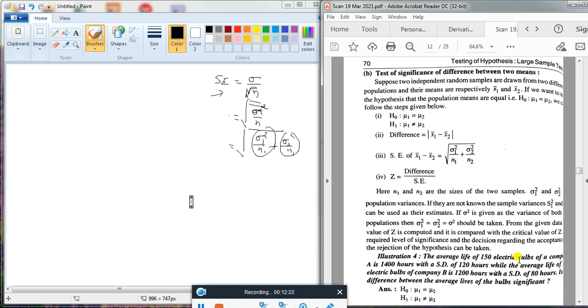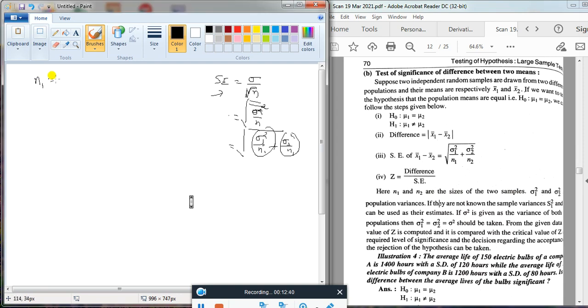So the average life of 150 electric bulbs of company A, let me note the values.